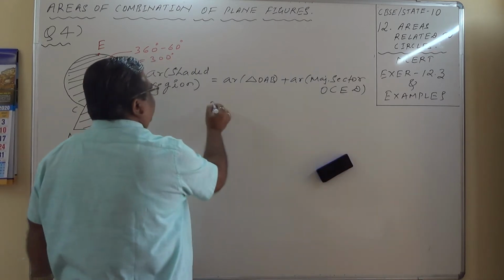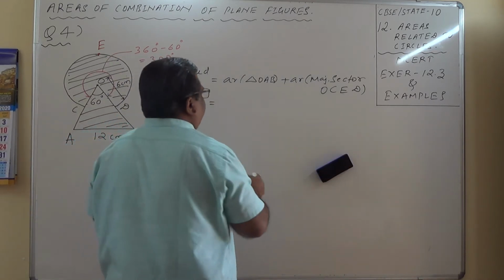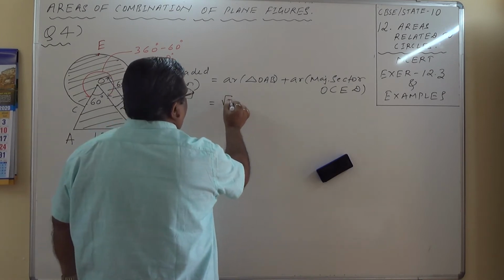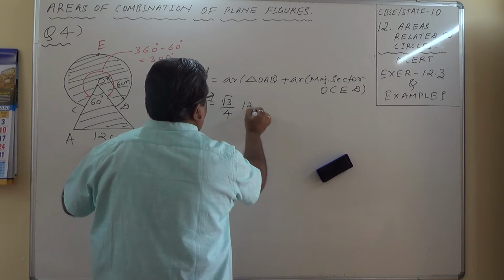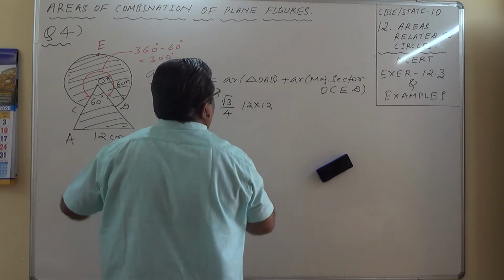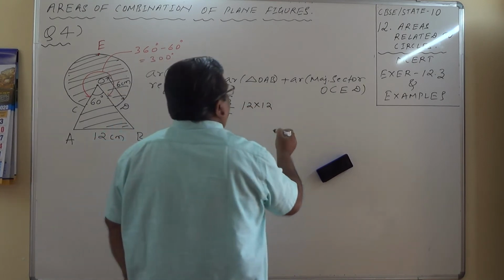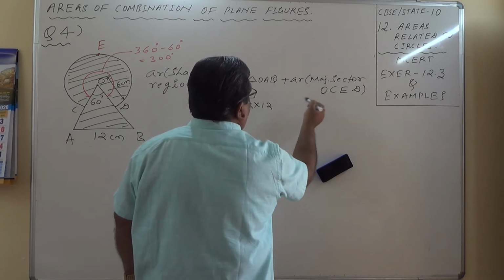So what is the area of the equilateral triangle? Root 3 by 4 times side square. Root 3 by 4 times 12 square, 12 into 12. And what is the area of the major sector?